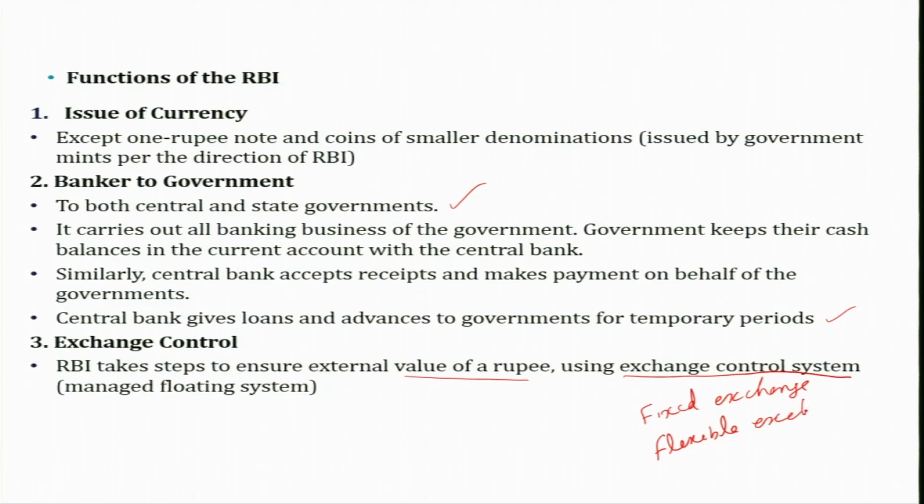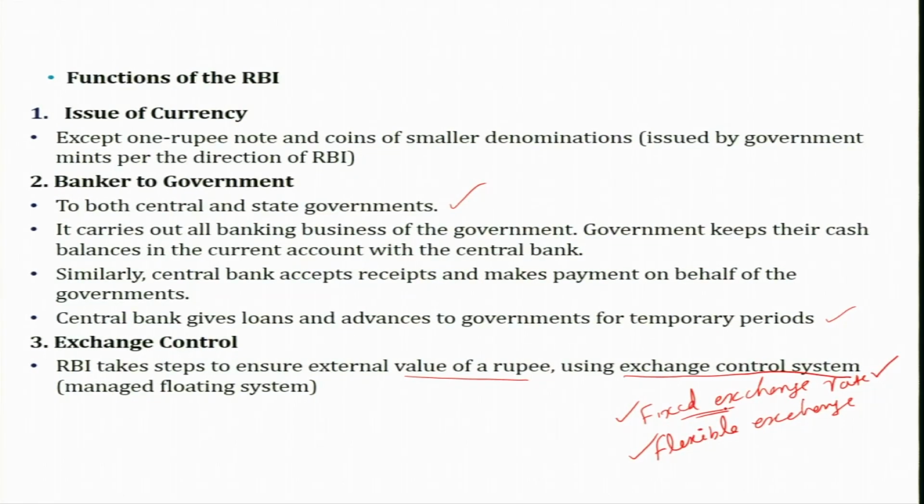In the case of fixed exchange rate, the governments of both countries, for example US and India, if we are following a fixed exchange rate, then the exchange rate is already fixed, and it is the responsibility of both central banks to ensure that it is maintained at the fixed rate.